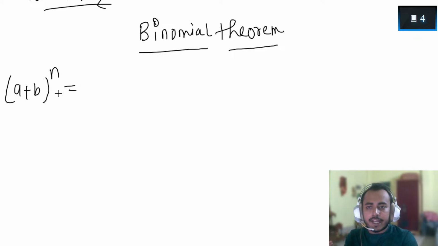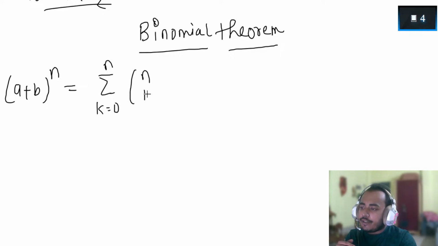Anyway, so for integer n and any two numbers a and b, they might be complex, it does not matter, the binomial theorem simply states that (a plus b) to the power n is equal to the summation from k equals 0 to k equals n of n choose k multiplied by a to the power n minus k into b to the power k. This is simply the binomial theorem.